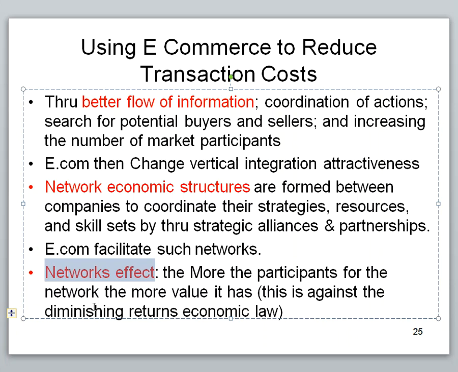This diminishing thing doesn't happen in networks. The more participants in a network, the more return you have, even if there is unlimited increase in the participants of the network. يعني كل ما تزود في السيستم كل ما كان في عائد. The law of diminishing returns doesn't apply here.